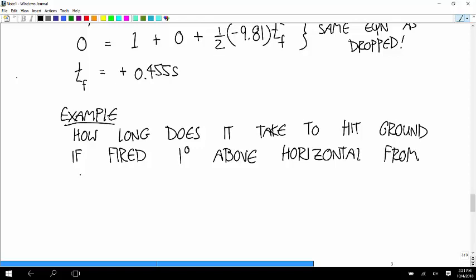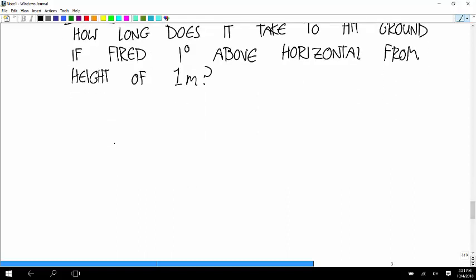A height of 1 meter. Okay, so this is exaggerated. 1 degree is a much smaller angle than I have drawn here, but this is what we're talking about. So the bullet's shot like this, and it's 1 degree above horizontal. Terrible picture.